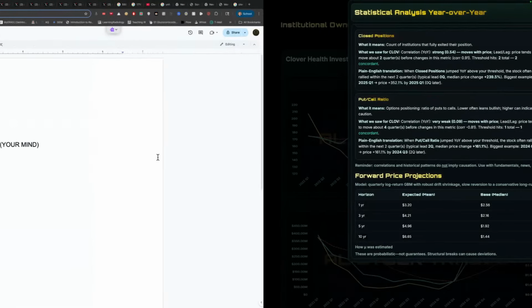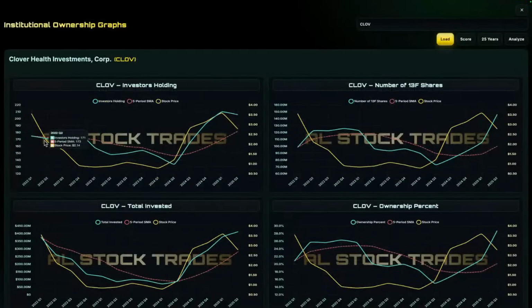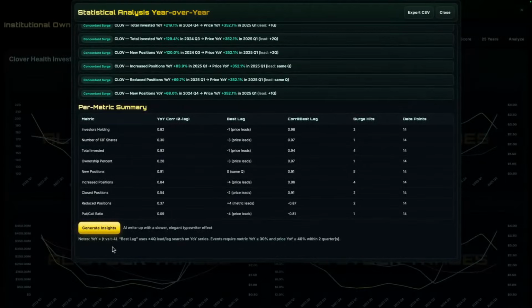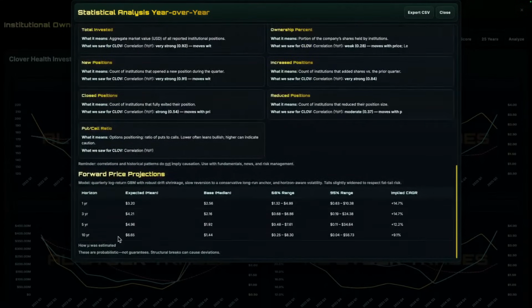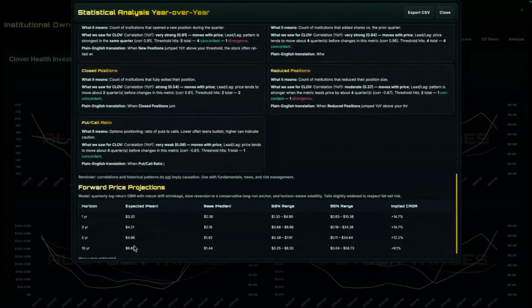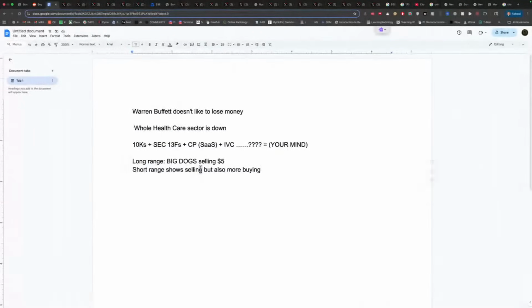You still have more selling down here, but just recently, you have 1, 2, 3, 4, 5, 6, 7, 8, 9 quarters of selling, but you have 1, 2, 3, 4, 5 quarters of buying, right? So it's still offset more towards the selling side. But the point is as we get more data, the price projection is going to be more representative of what could be reality.